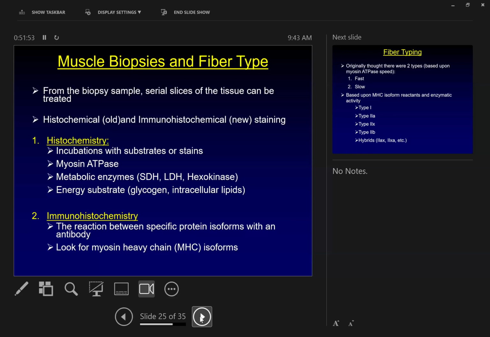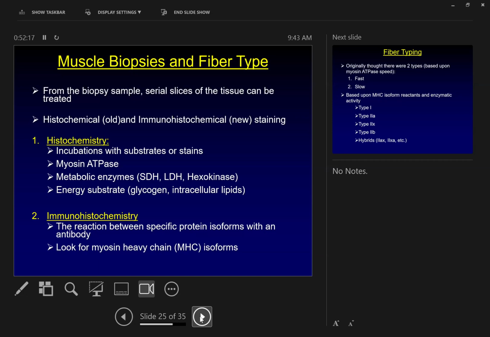Okay. I know you guys have heard of fiber types before. You've heard of slow twitch and fast twitch, or what we'll call type 1 and type 2, and 2A and 2X and all these hybrid fibers, which we'll get into in the next slide. But at its most basic initially, it was like there's two kinds. The first initial way we did this in the late 60s was through something called histochemistry.